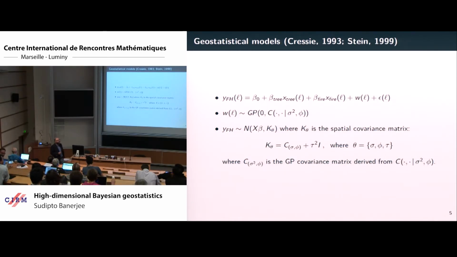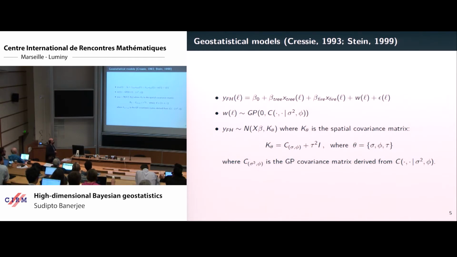Let's get back to the very basics of spatial modeling. So you have your forest height outcome. You have, let's say, an intercept. You have a covariate here, which gives you a surrogate for how much tree coverage there is, and then you could have an indicator function for whether that location was affected by a forest fire or not.